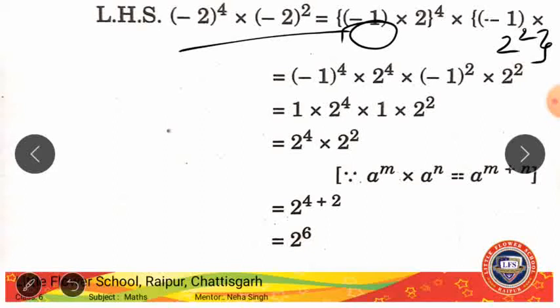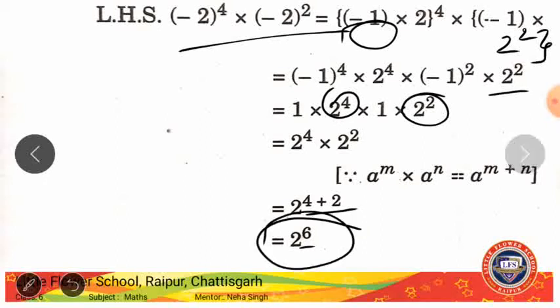2 power 4, minus 1 is again here having even power, so it will be 1 and 2 square. Now these two can have property since base are same, product multiplication property, that is the powers will be added. So 4 plus 2 is 6. Answer LHS is 2 power 6.